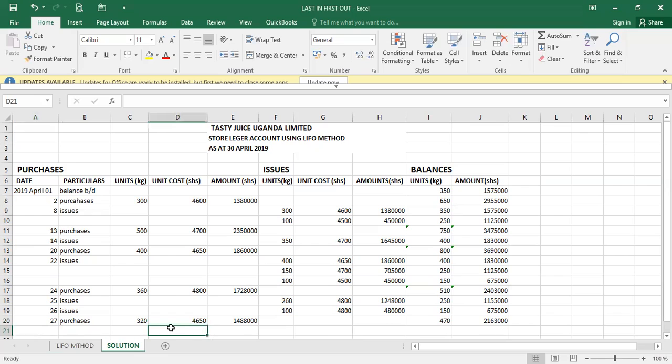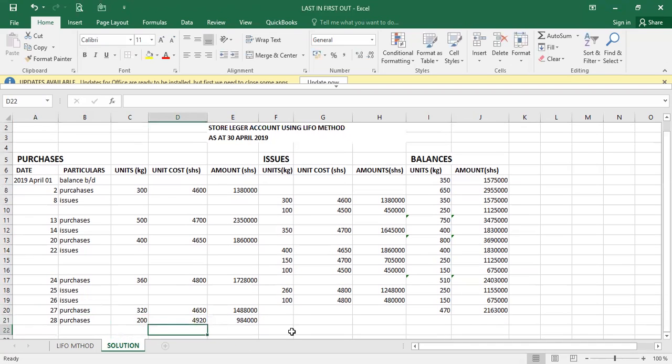These are purchases at a date of 28th. Then we want to look at what will be the unit cost. It will be this divided by this. Get that.